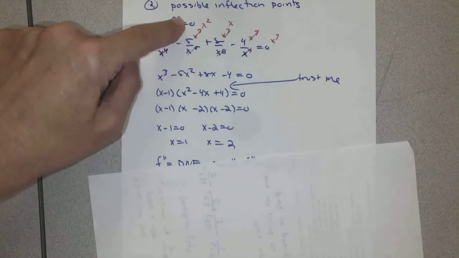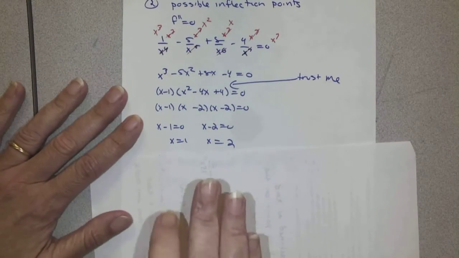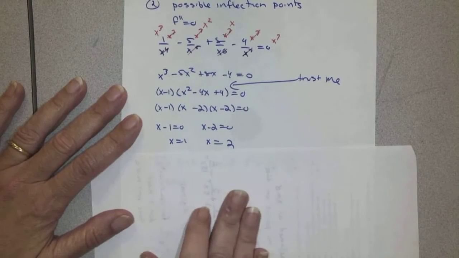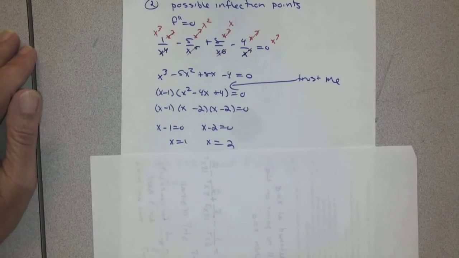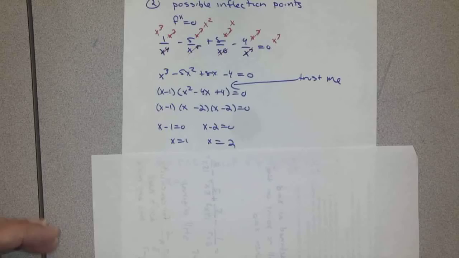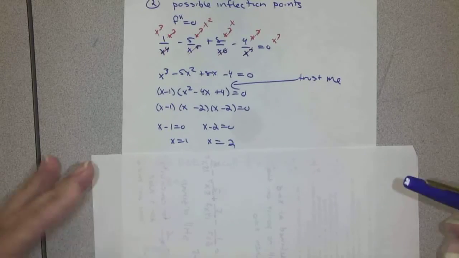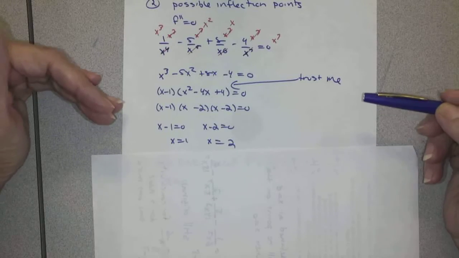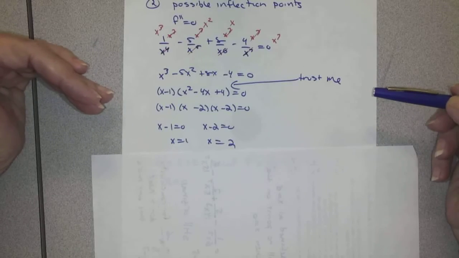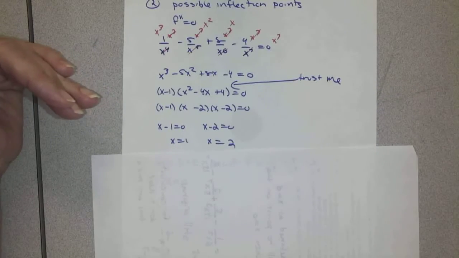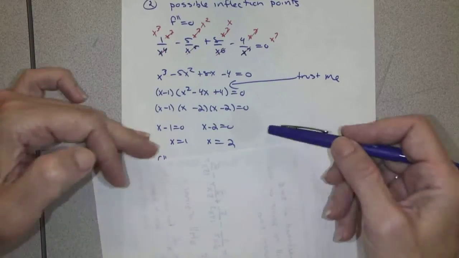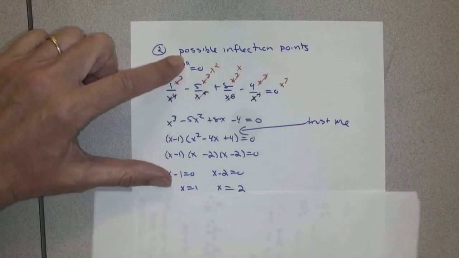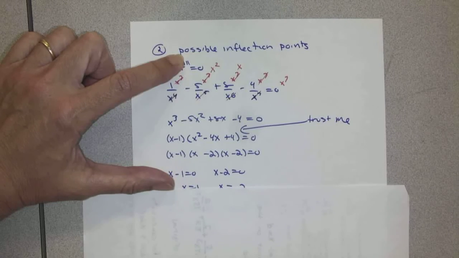No, these are possible inflection points. Just because the second derivative is 0 doesn't mean you have an inflection point. These might turn out to be inflection points, they might not. So this will not be sufficient work to prove inflection. We've got to actually see that change in concavity. Even though I'm warning you right now, it's not good enough to say inflection; these are just possible inflection points.